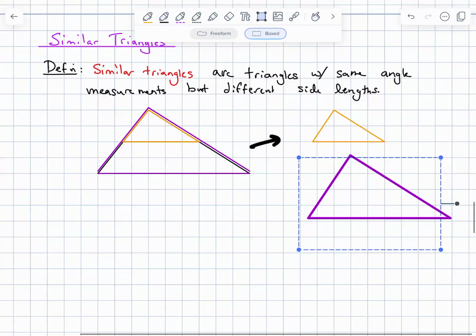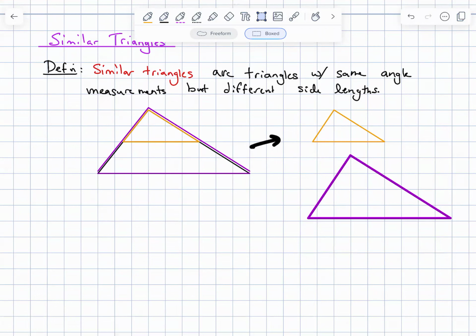And so why do we care about similar triangles? What's the big deal? Yeah, they're the same triangle, just one's bigger than the other. What's the big deal?